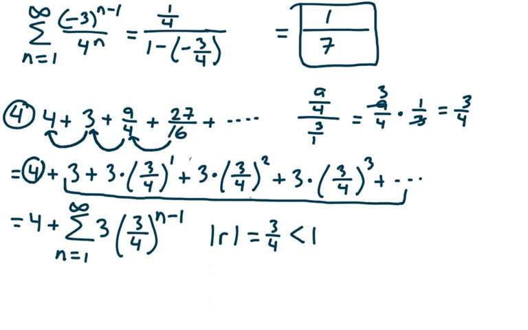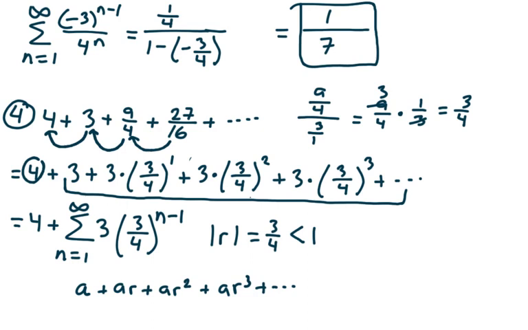And if I want the next term, I'm going to take 3 times 3/4 raised to the third. So you notice I'm looking for a plus ar plus ar squared plus ar cubed. That's the pattern I should be looking for.